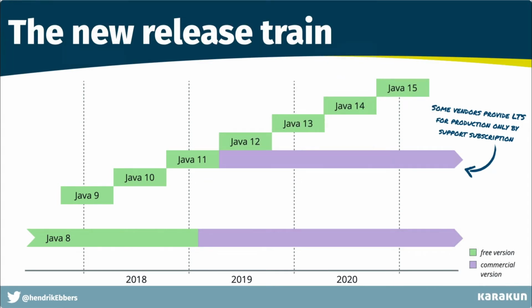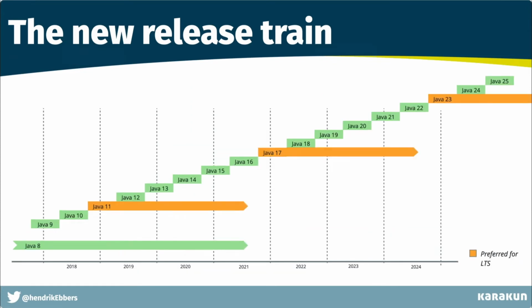But in general, we can say, okay, we have this model now, and we have all 3 years a new Java LTS release in theory. And this means that, okay, we now had Java 17 at the end of the last year, and the next one, as most of you might know, will be Java 23 at the end of 2024.